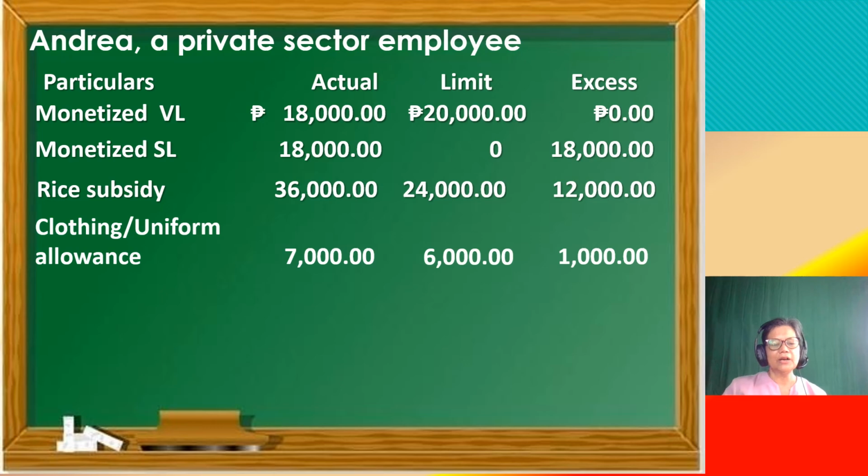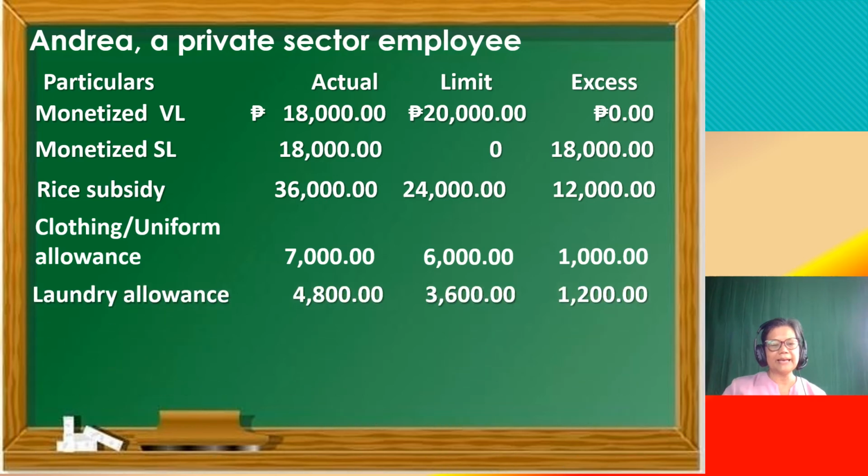Next is clothing or uniform allowance. How much was received by Andrea? 7,000. How much is the limit? 6,000. Therefore, there is an excess of 1,000. Next, laundry allowance. Amount received, 4,800. Limit, 3,600. Where did you get 3,600?